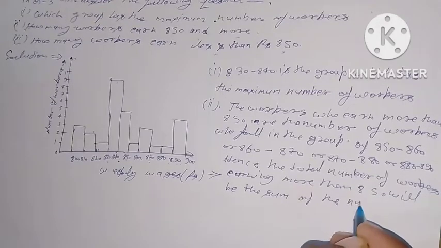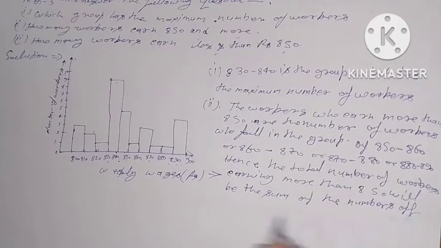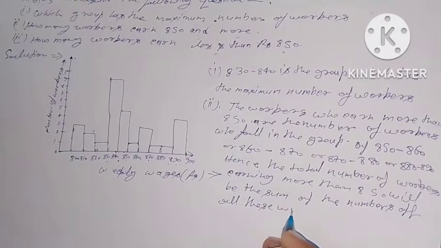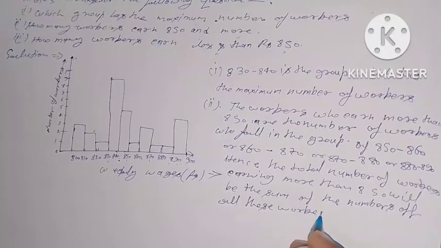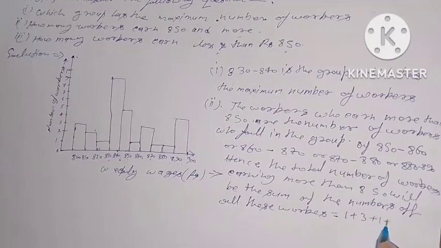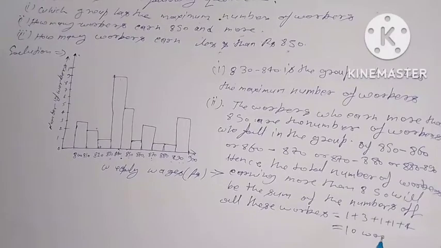Then it is 1 plus 3 plus 1 plus 1 plus 4 equals 10 workers.